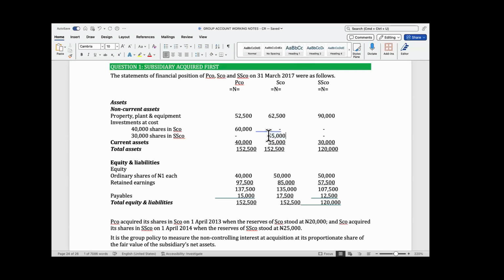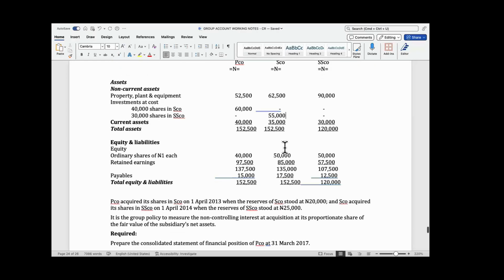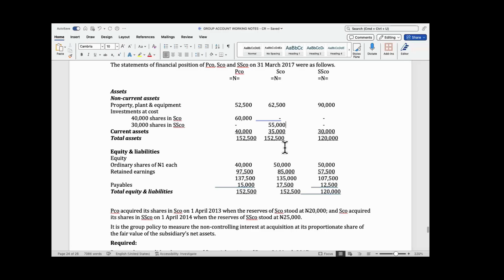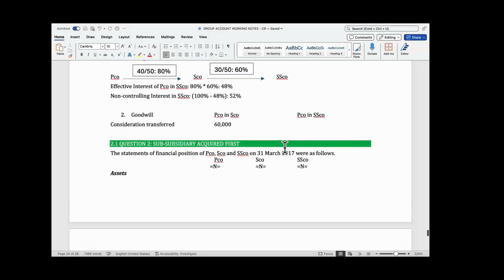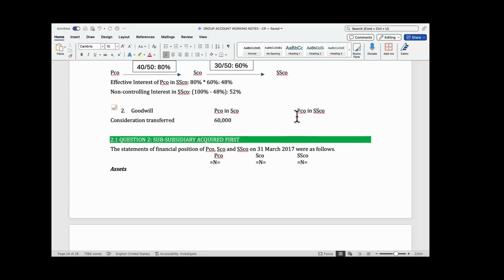Because ESCO paid 55,000 to SSCO, and any costs that ESCO incurs, PICO has 80% of it. Since we are speaking about ESCO here, for this 80% holding, how much did he pay?